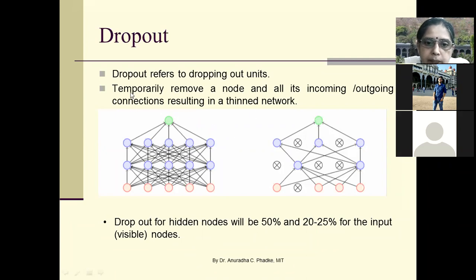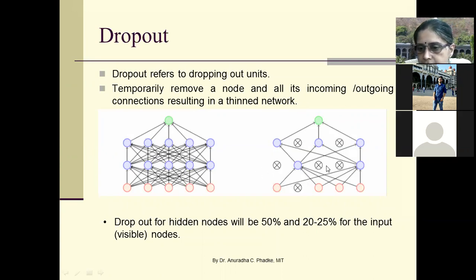So dropout means temporarily removing a node and all its incoming and outgoing connections, resulting in a thin network. As shown here, this is your original network where all the nodes are connected to all the nodes of the next layer. But in the case of dropout, you can observe we have removed one of the input nodes.